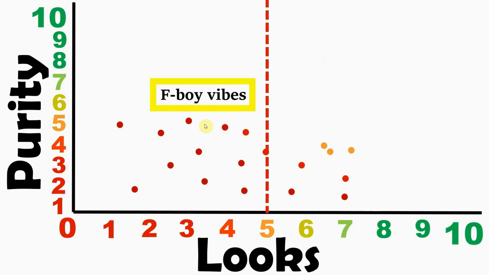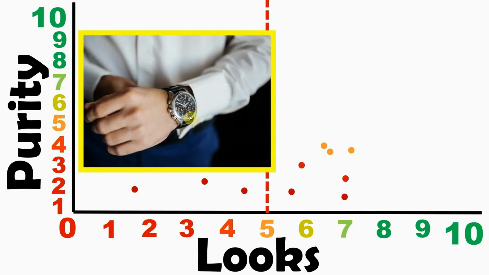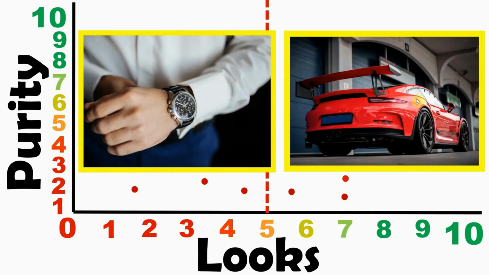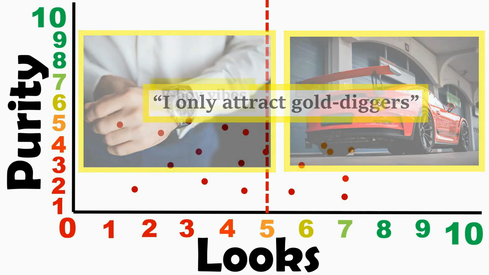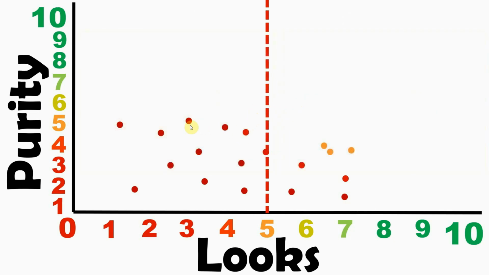Similarly, I see other guys' profiles who flaunt their Rolex watch, wear all designer clothes, and drive a Ferrari. Then these guys complain that they only attract gold diggers. But the irony is, in both of these examples, what they aren't seeing is that they are feeding their own selection bias to low quality results.